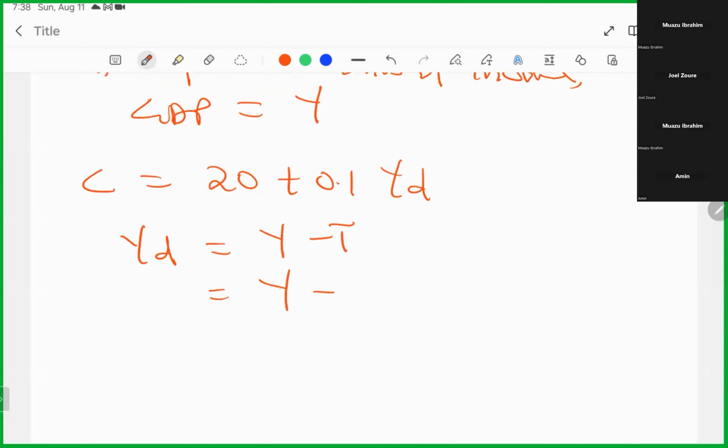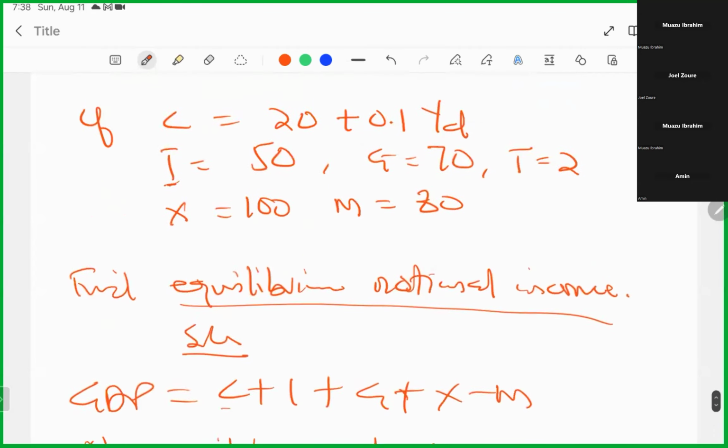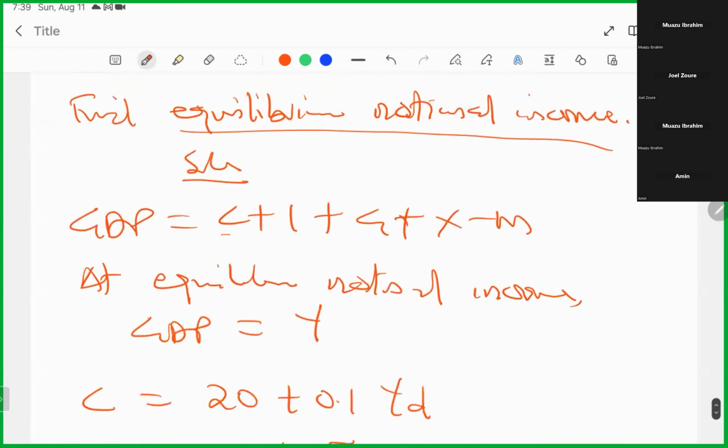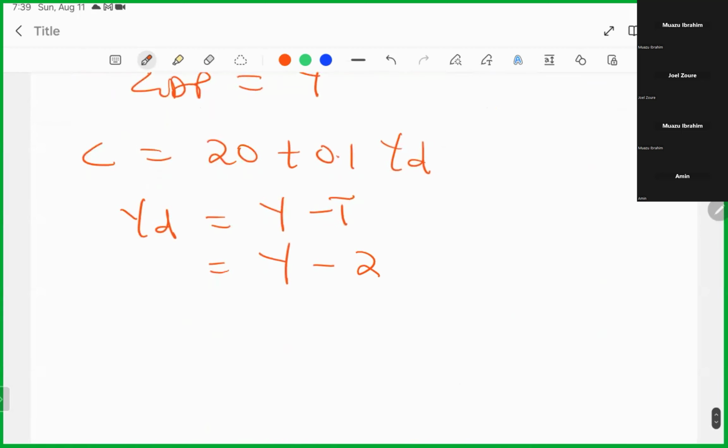We don't know the total income, but we know the taxes. T is given as 2, so minus 2. So our consumption would be 20 plus 0.1 times (Y minus 2).